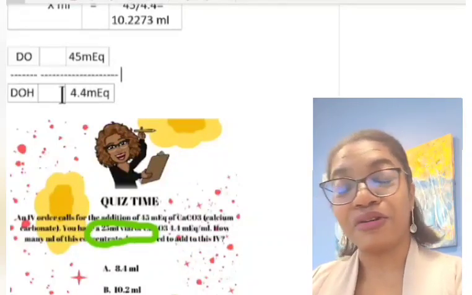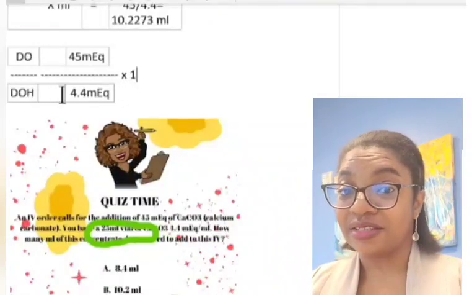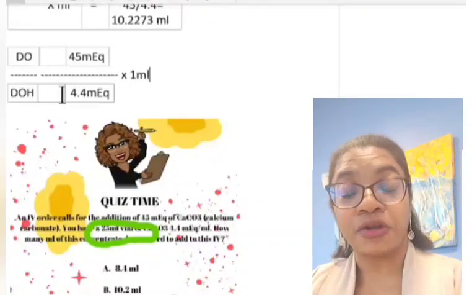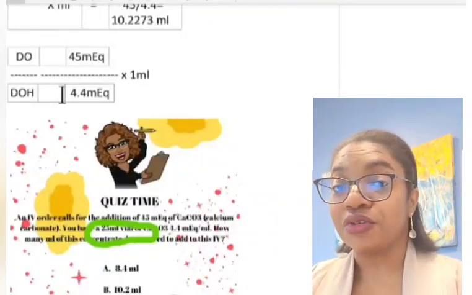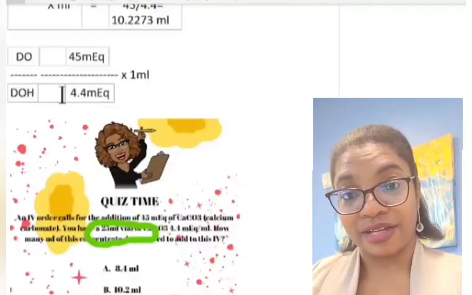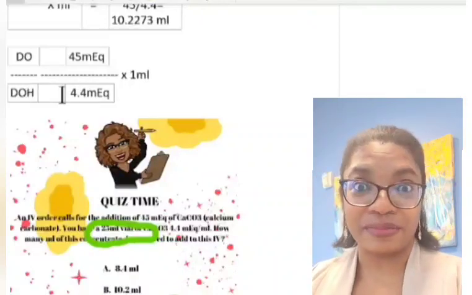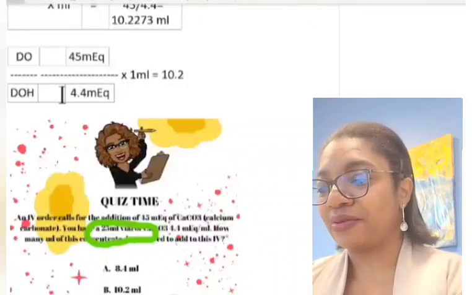You would then multiply by 1 milliliter, which is the concentration of the dose on hand. So long as your dose on hand is in unit per 1 milliliter, you can easily utilize the basic formula. Dose ordered divided by dose on hand times 1 milliliter will simply lead you to the same answer, 10.2 milliliters.